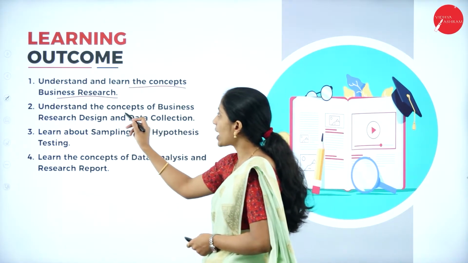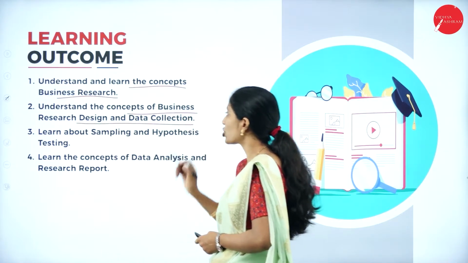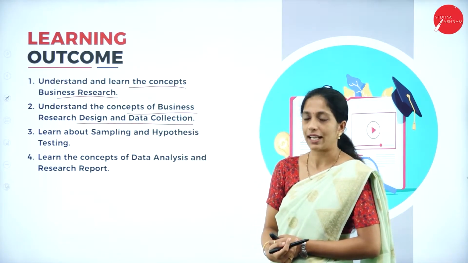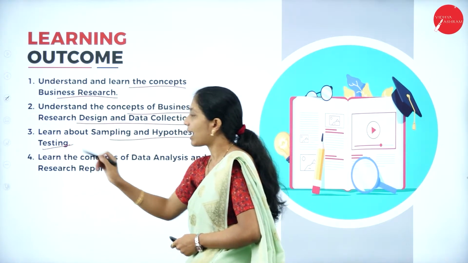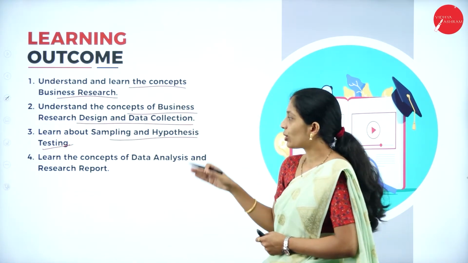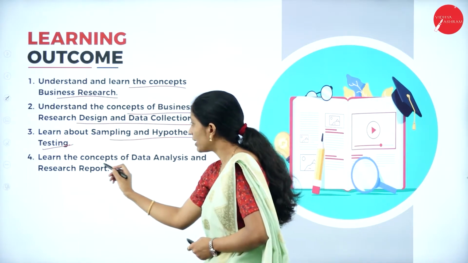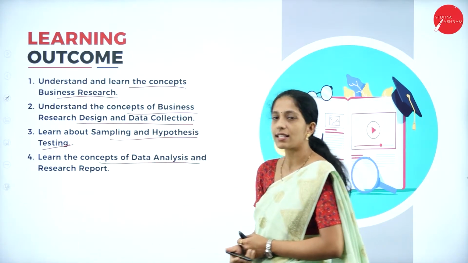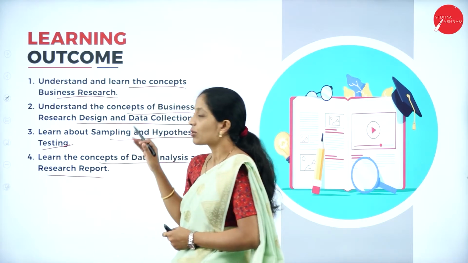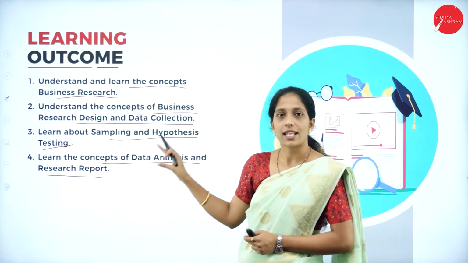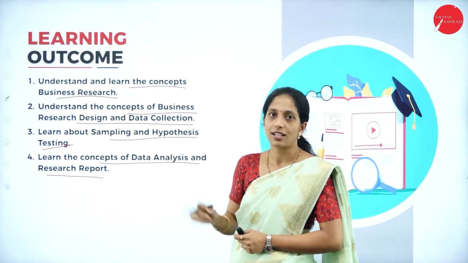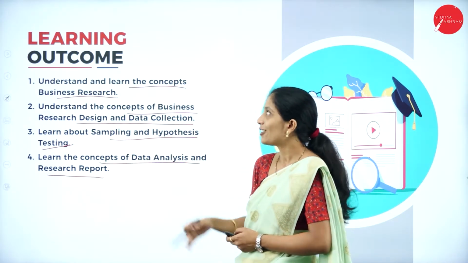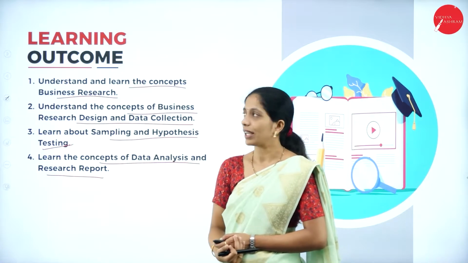Next, understand the concept of business research design and data collection. And the next one is to learn about sampling and hypothesis testing. Next, you will learn the concept of data analysis and research report. After going through all the 6 units, you will be able to understand as well as analyze all these concepts in detail. So that is about the learning outcome.